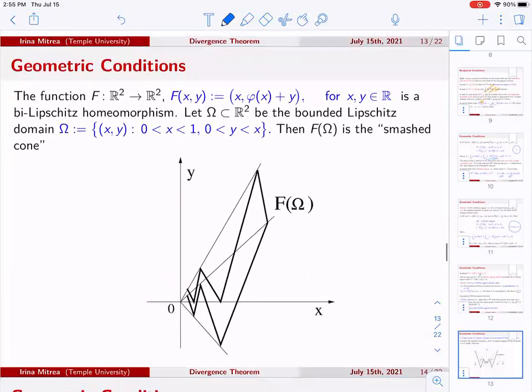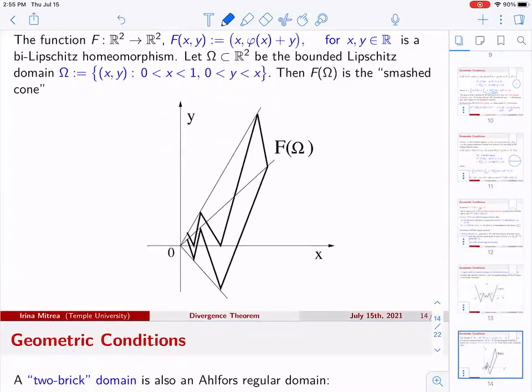And we're going to consider the following bi-Lipschitz homeomorphism, F acting from R2 into itself, F of (x, y) is (x, phi of x plus y). We're going to look at the image of the domain omega, which is this triangle, through the bi-Lipschitz homeomorphism F. What this does is smash the triangle, so this is a smashed cone.